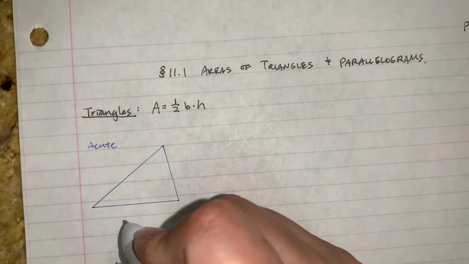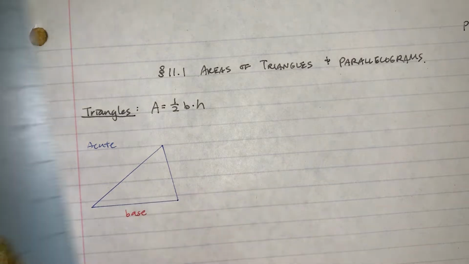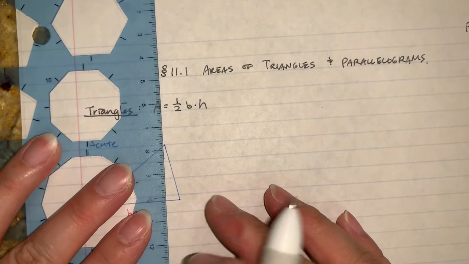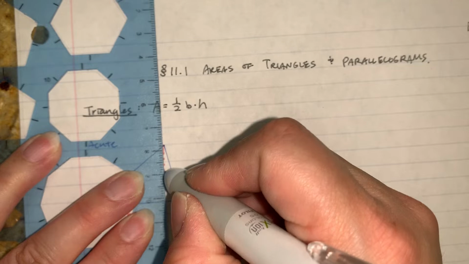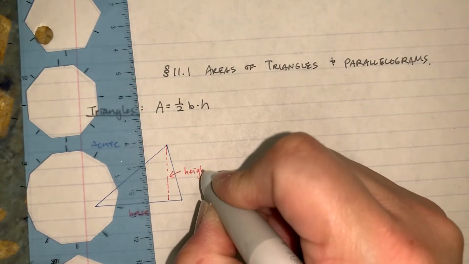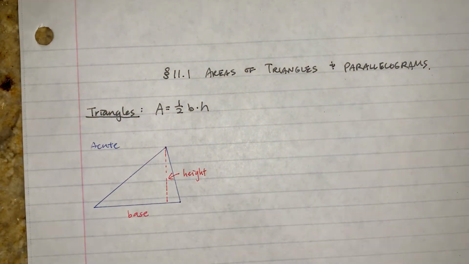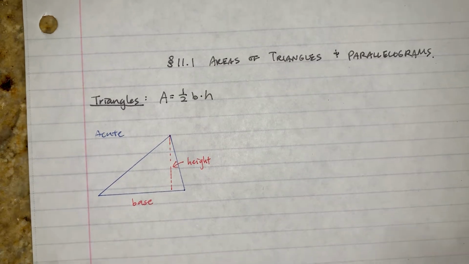So typically books would pick one side to be the base and then draw a 90-degree line from one of the vertices down and call this the height. We did this a while ago. We call this the altitude, so altitude and height are very much the same thing. Typically in an acute triangle, the height is on the inside of your triangle.